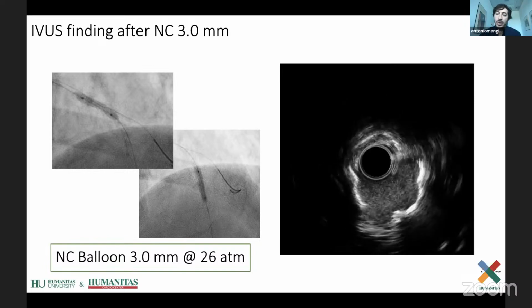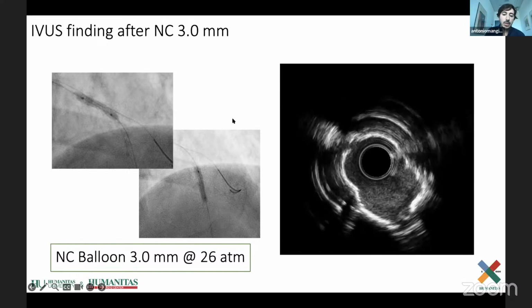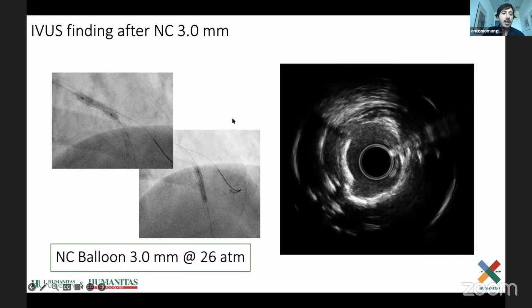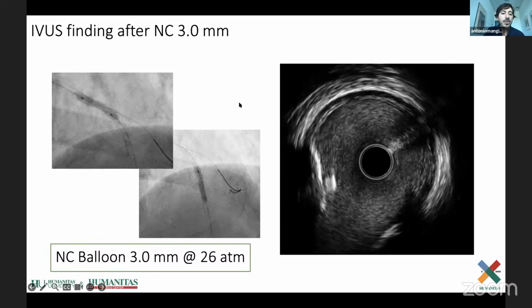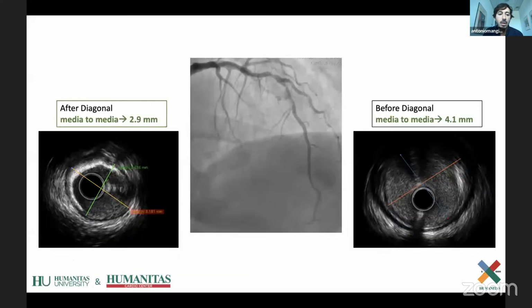Yeah, I agree. So in this case, what is the behavior of the 3.0 millimeter non-compliant balloon? I think these are the measures. After the diagonal, we have a media to media diameter of 2.9, and before the diagonal, the vessel of course becomes larger. So here, no cutting balloon.